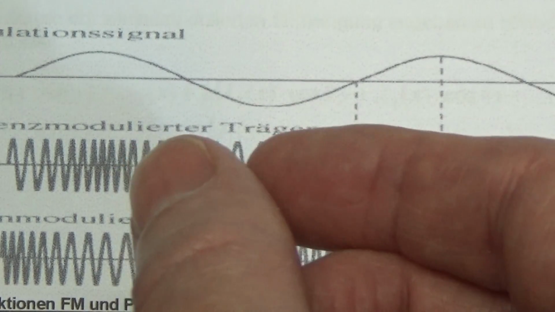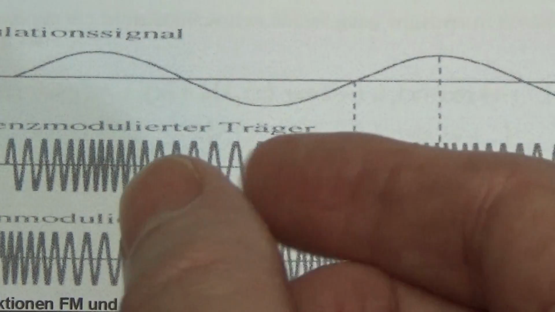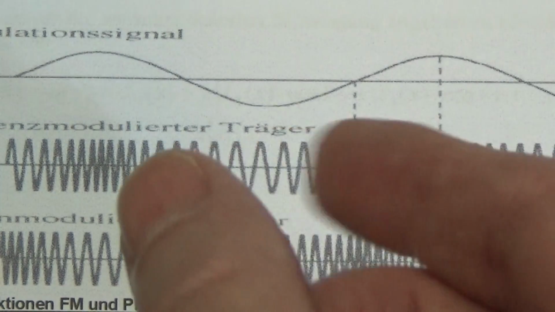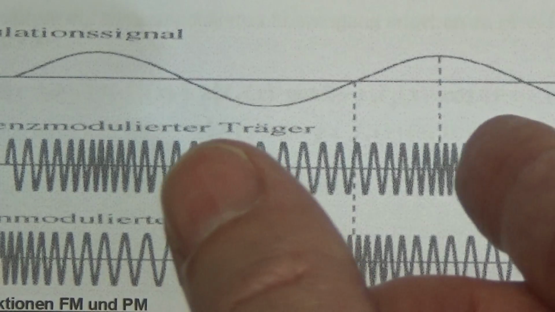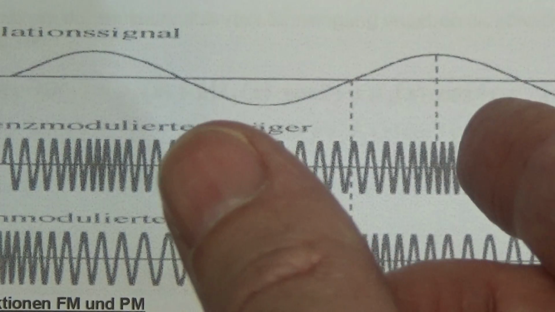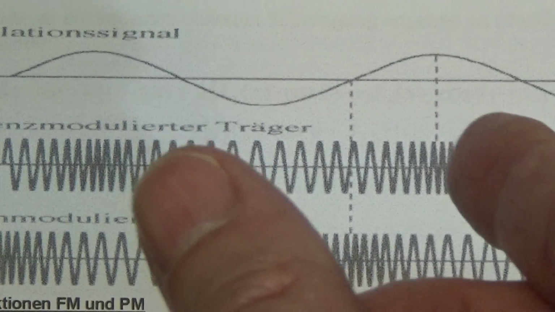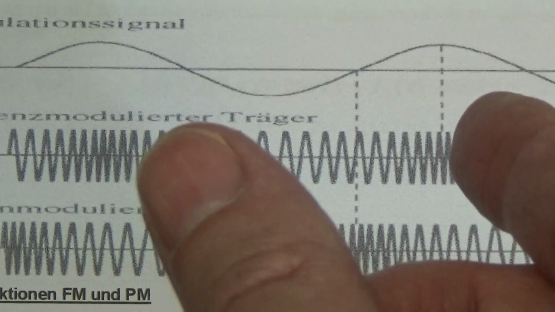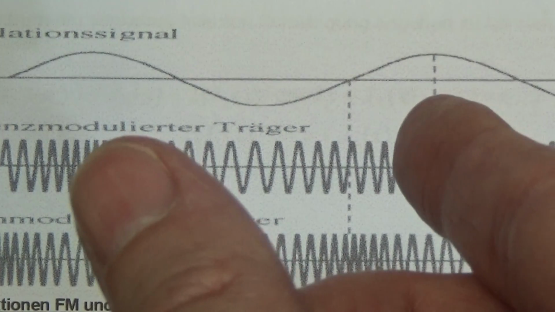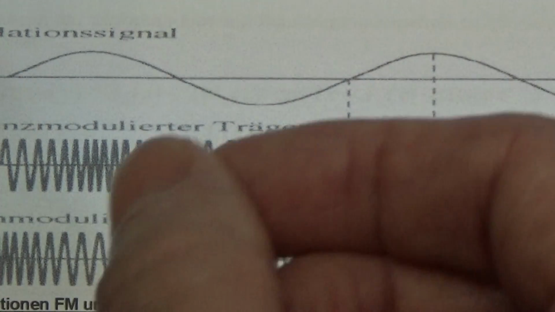So you always try, of course, to put your deviation to the point where you have the maximum volume on the one hand, and on the other hand you try to keep within your channel width, which is dependent on the radio you are using, okay?